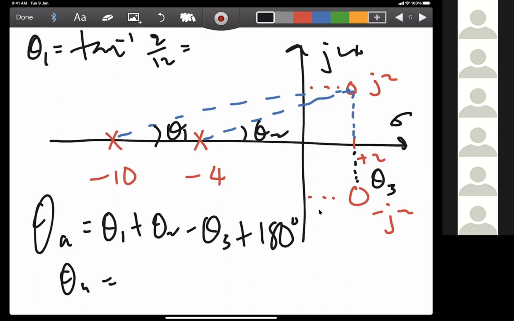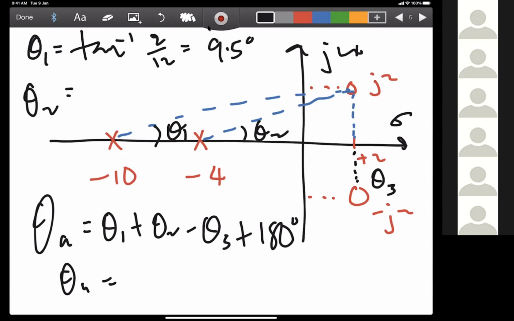Very good, and the answer is 9.46, about 9.5.